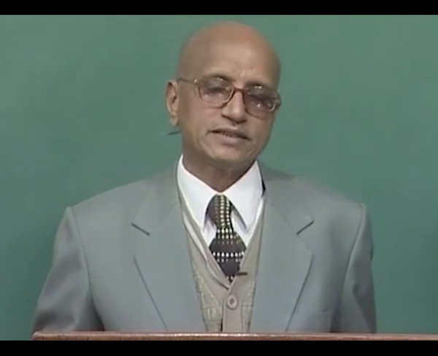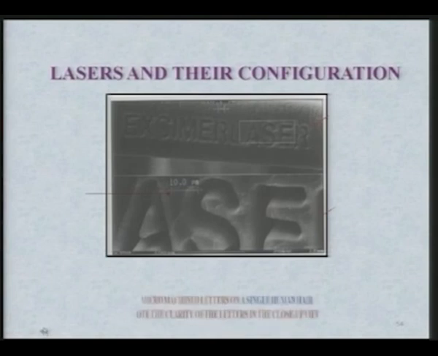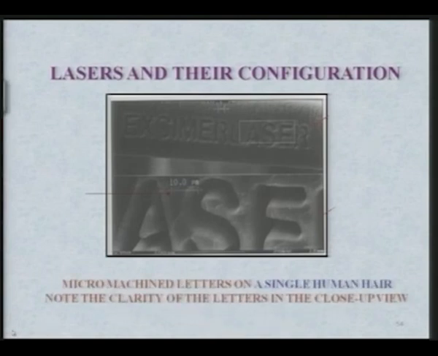However, researchers have used excimer laser for writing the words excimer laser on the hair, and you can see it clearly shown over here. This is the zoomed view of the word excimer, and you can see the scale over there, and it is very clearly visible.